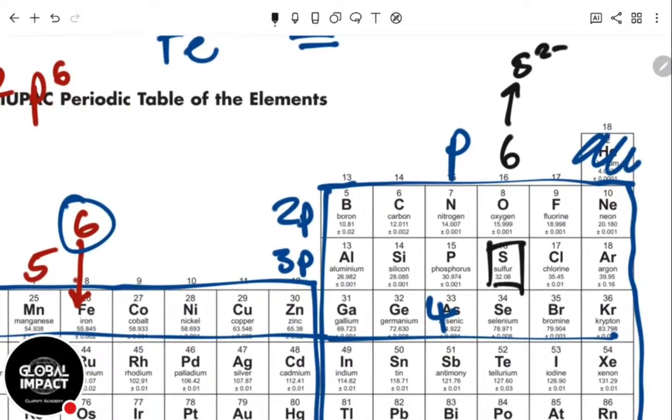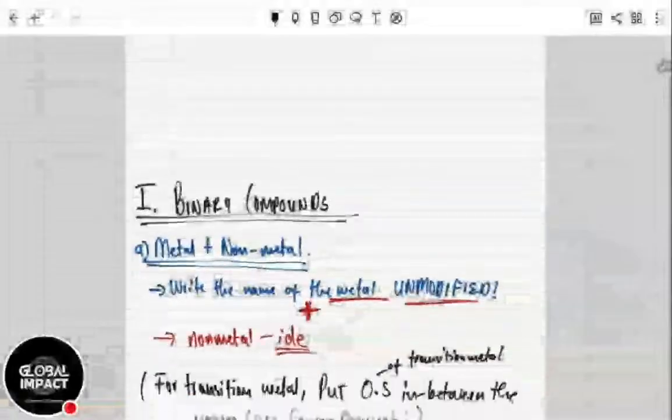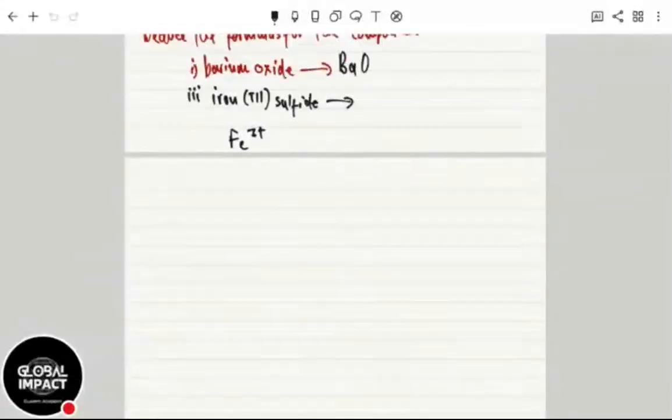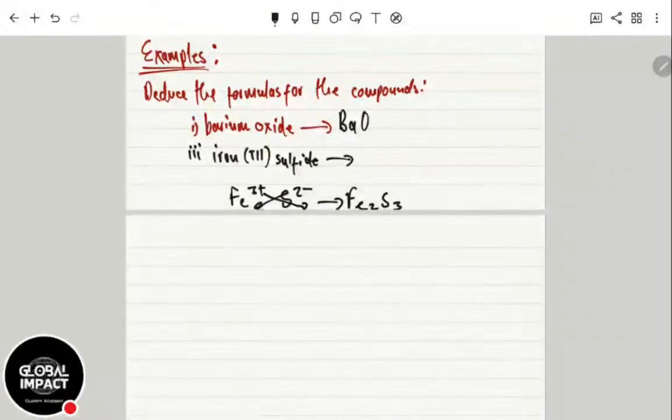It needs 2 to get to 8. That is why we have it as an S2-. So here we saw Fe3+, then we have S2-. Now, how do they combine? The 2 comes here, the 3 goes there. So it will be Fe2S3.